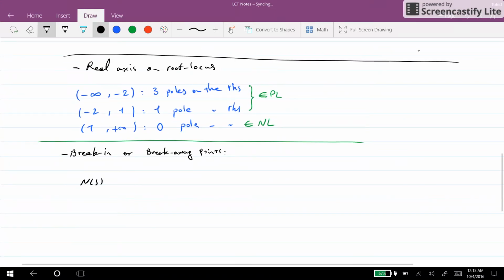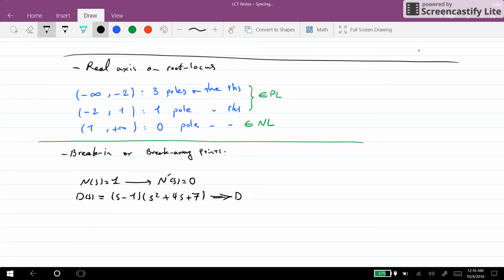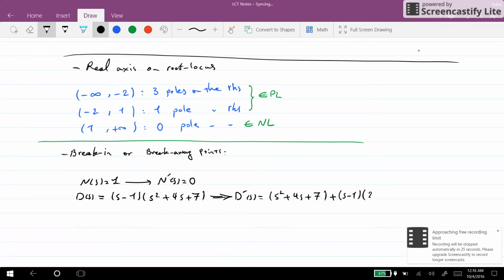We have n of s equal to 1, and therefore n prime of s is equal to 0. D of s is equal to s minus 1 times s squared plus 4s plus 7, and as a result, d prime of s could be written in the form of s squared plus 4s plus 7 plus s minus 1 times 2s plus 4.